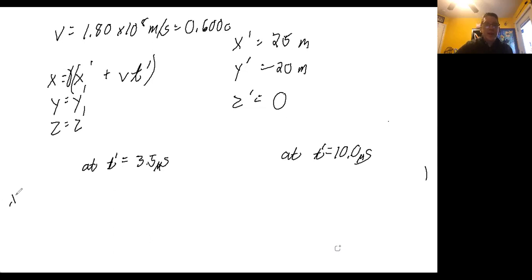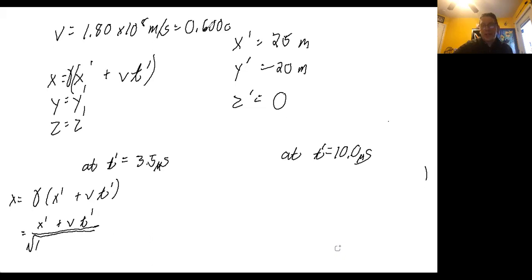X, however, is equal to gamma times x primed plus v t primed, where gamma is 1 over the square root of 1 minus v squared over c squared.